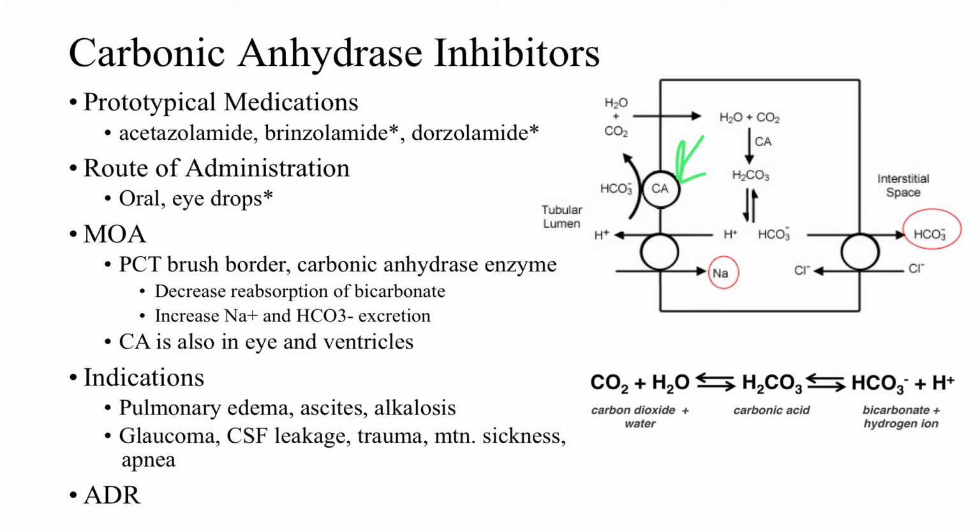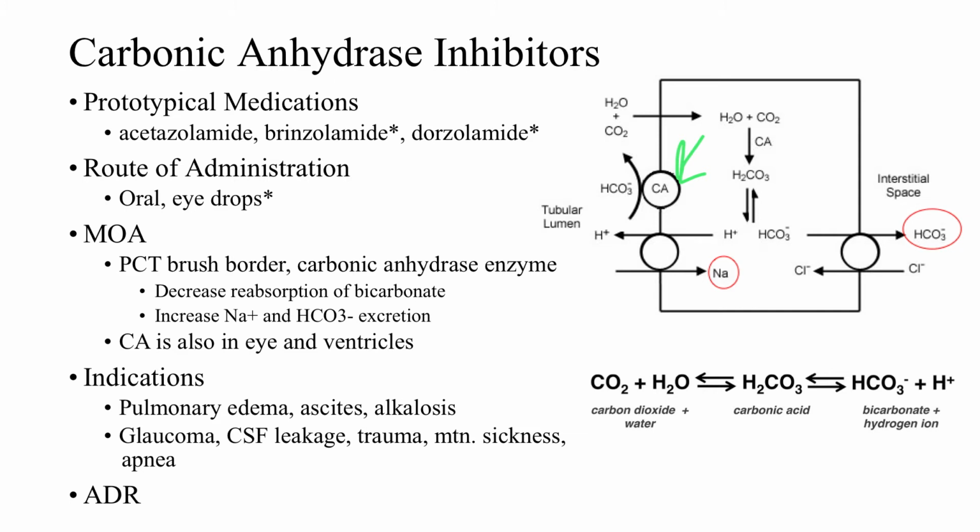So carbonic anhydrase here in the brush border, this is referred to as type 4 carbonic anhydrase. What that works to do is split this bicarbonate and hydrogen ion that got together to form carbonic acid. We see this labeled down here in full. Splits it into water and CO2.